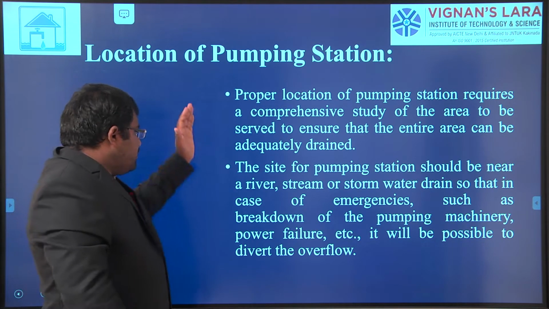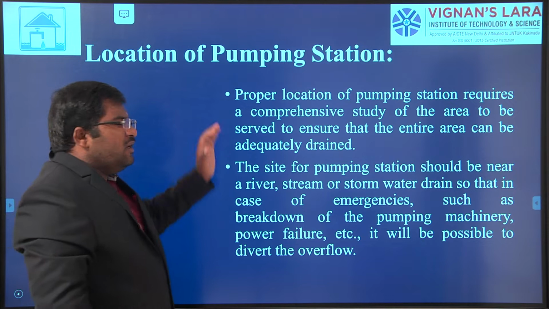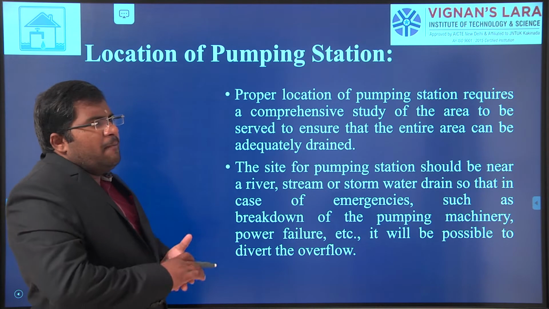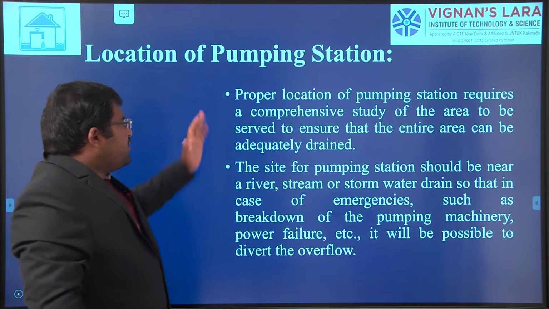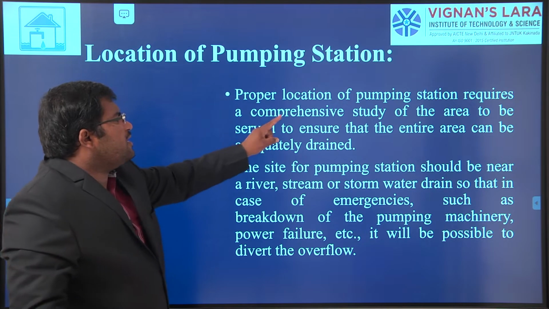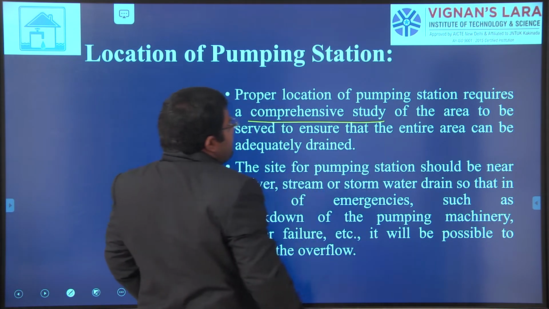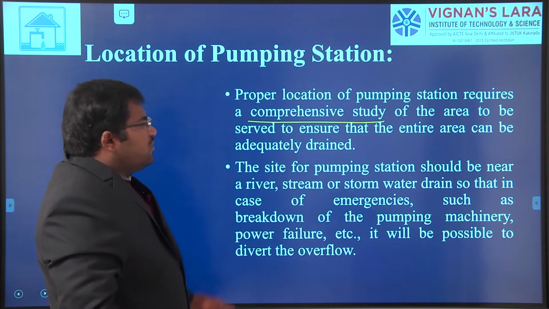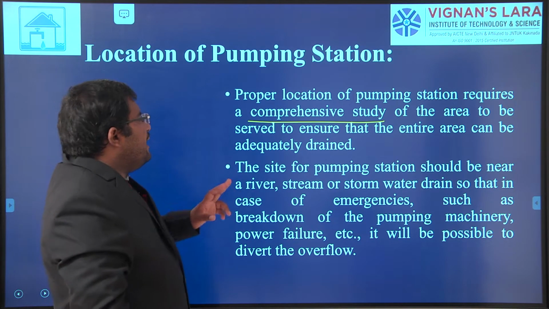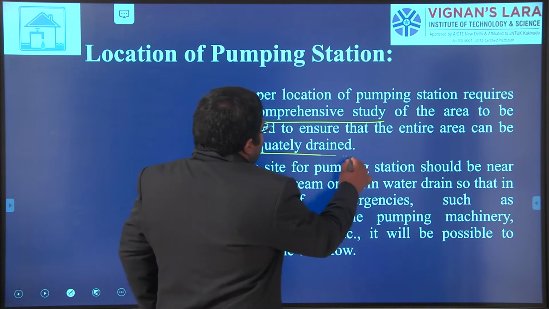We have 4 points here for locating the pumping station. The first point: proper location of the pumping station requires a comprehensive study of the area to be served, to ensure that the entire area can be adequately drained.